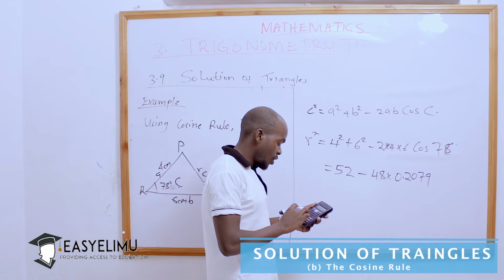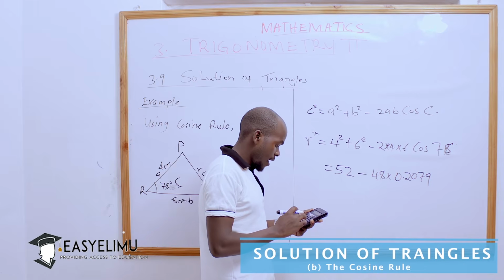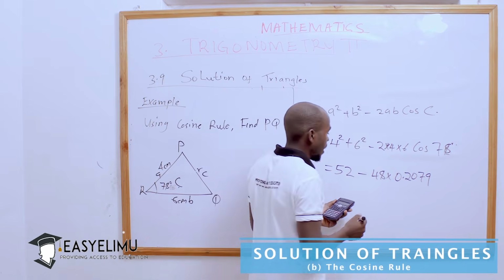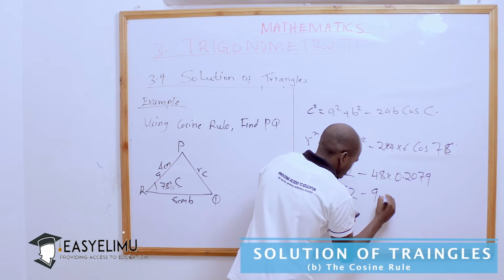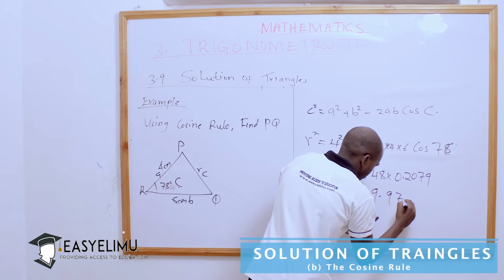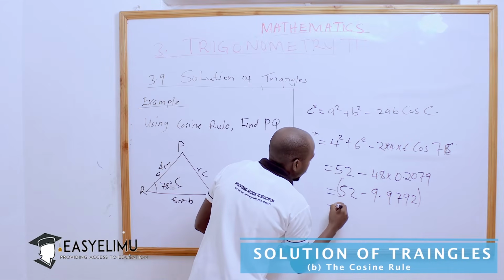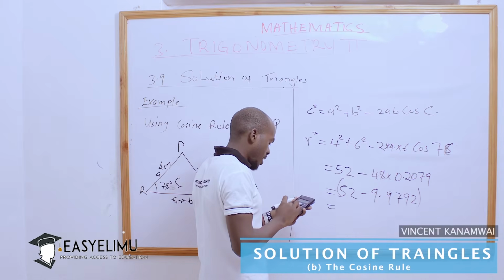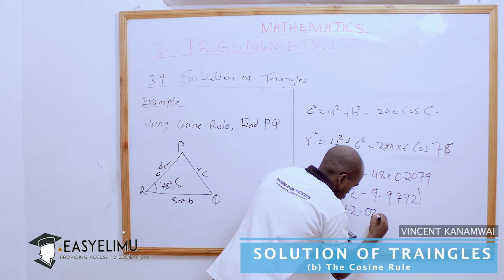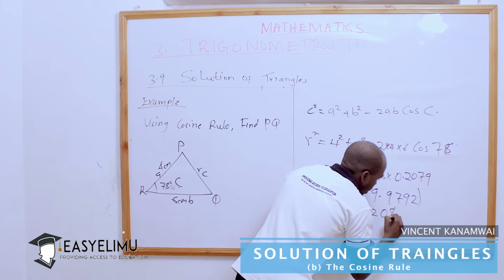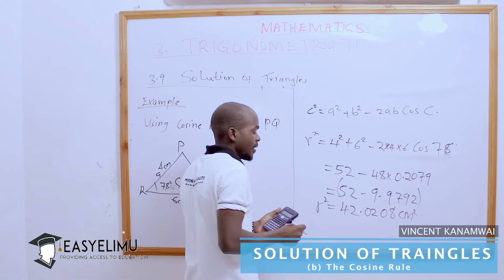So 48 multiplied by 0.2079 is 9.9792. We get 52 minus 9.9792, and if you subtract here, you're going to get 42.0208 square centimeters. That is what we are going to get as the value of r squared.